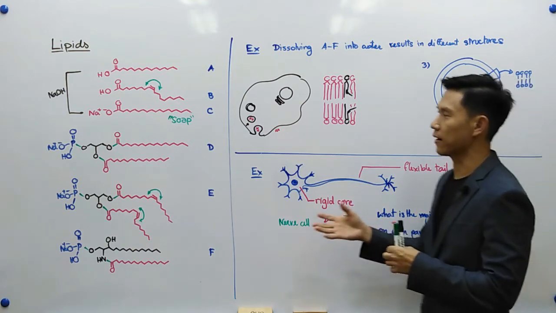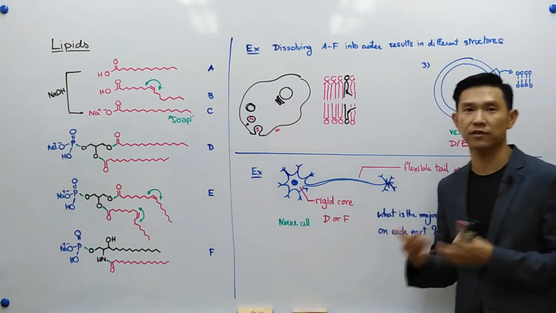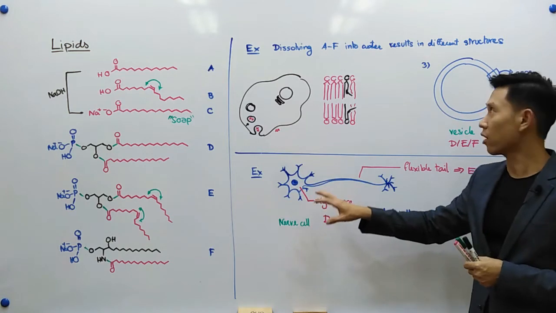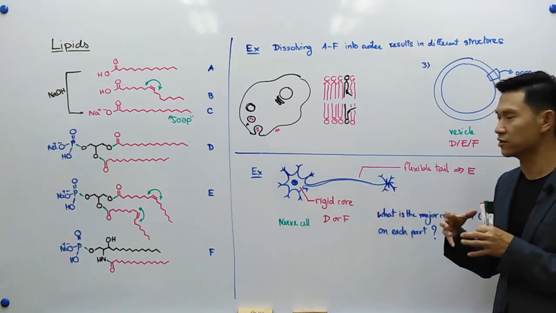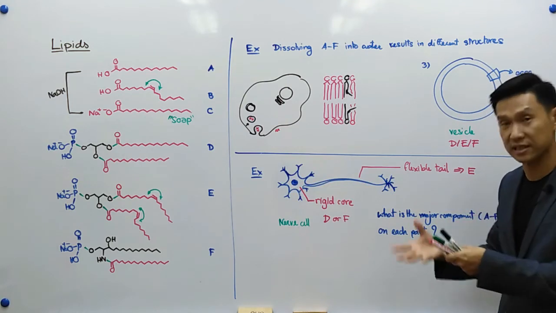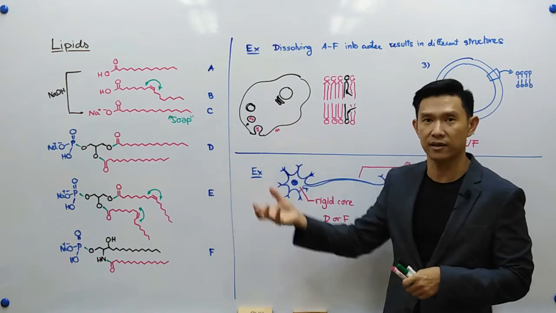Normally we can find all of these in the cell membranes, but the ratio differs from area to area. In the core structure, or in a membrane that needs rigidity, the ratio of saturated is higher.